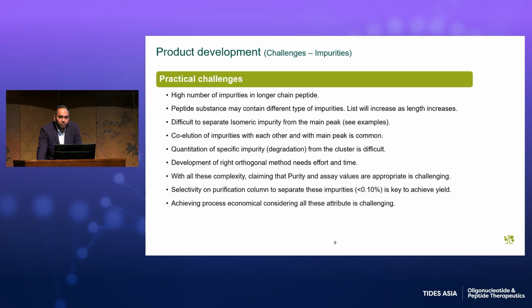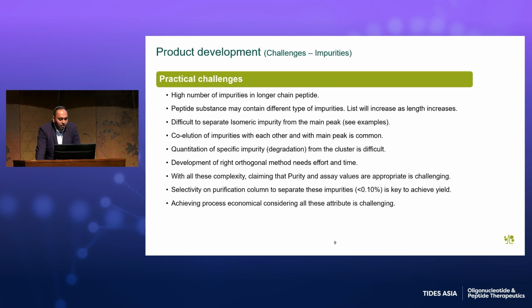The co-elution of impurities with each other and with the main peak is common, because you might have a good orthogonal method which is separating impurity from the main peak, but you will get a cluster before the main peak and after the main peak, somewhere around RRT 0.97, 0.98, and after the main peak somewhere RRT 1.05, 1.07. So that's quite common for peptides.